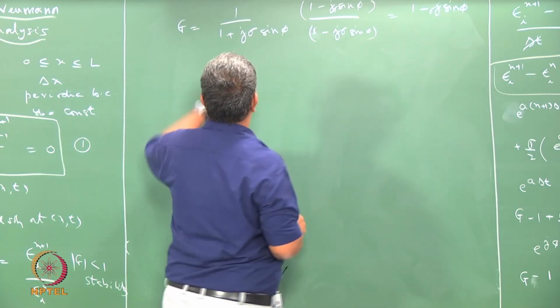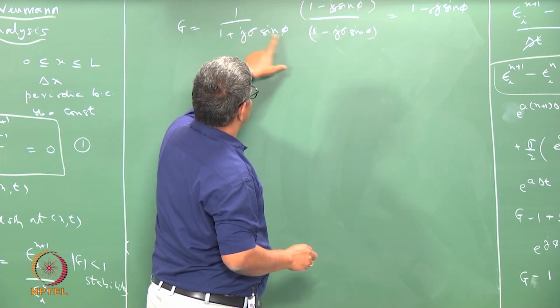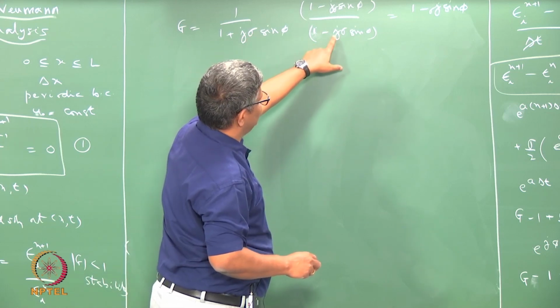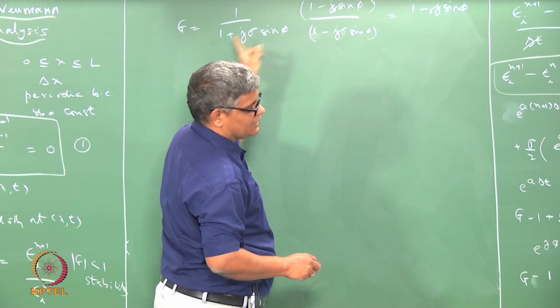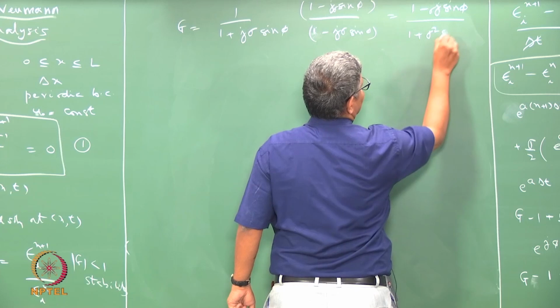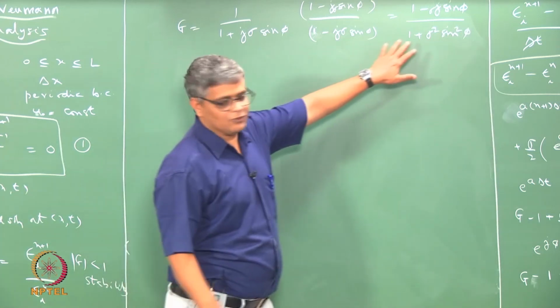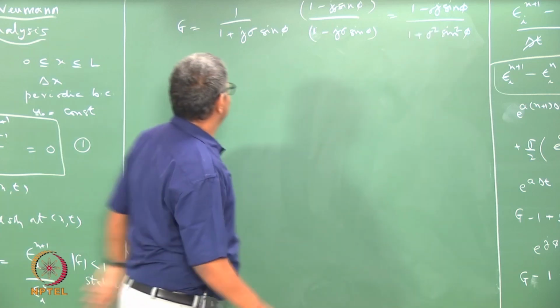so as to get 1 minus sigma j sin phi in the numerator, and we get 1 minus sigma square j square sin square phi in the denominator, and j square is minus 1. So we get 1 plus sigma square sin square phi. This is a real quantity, and therefore this is our G here.